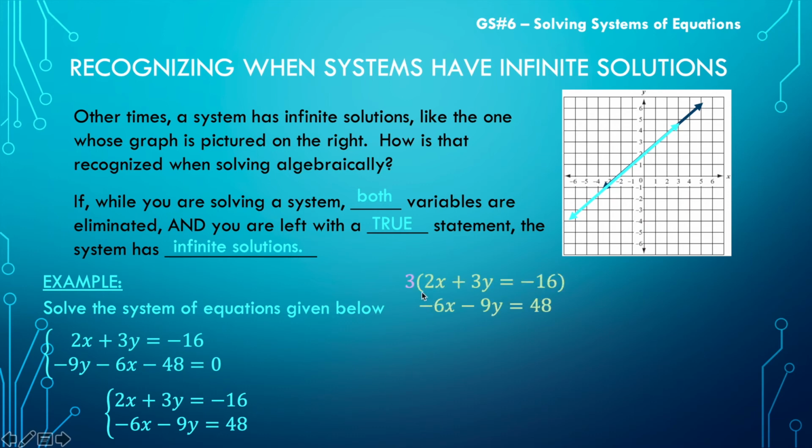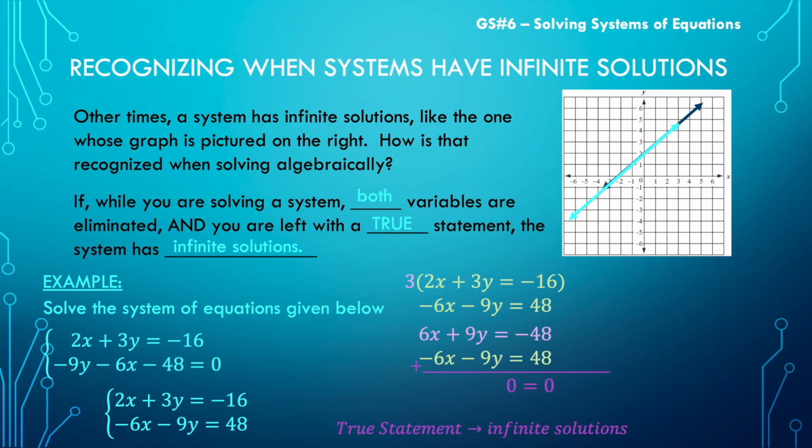When we do that, that top equation will turn into 6x plus 9y is equal to negative 48. And notice that when I add those together, everything cancels out. I'm left with this statement, 0 is equal to 0, which is a true statement. Yay, true statement. And that means I have infinite solutions.